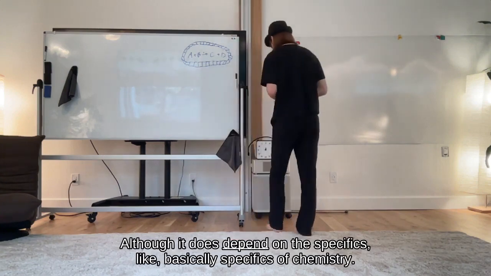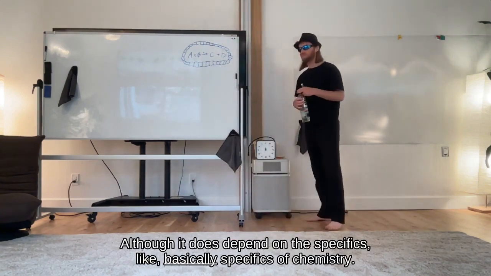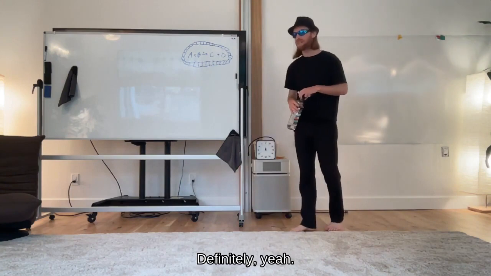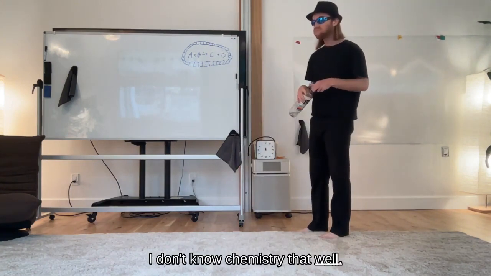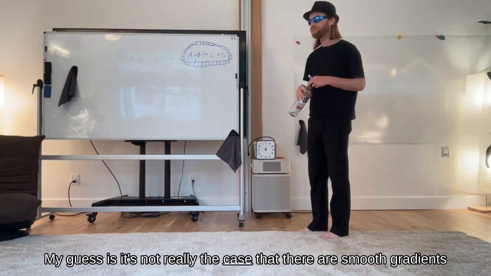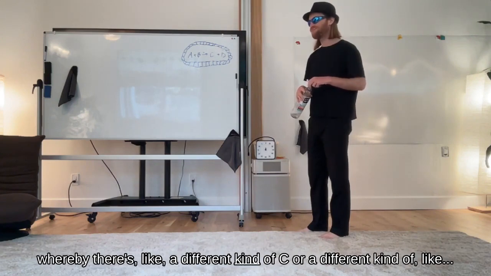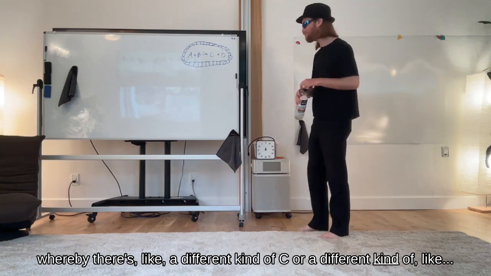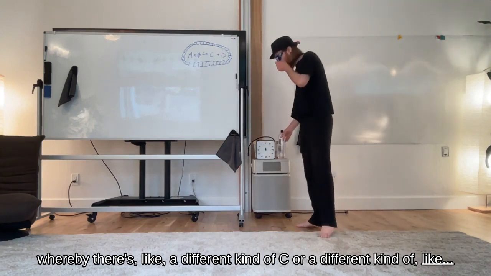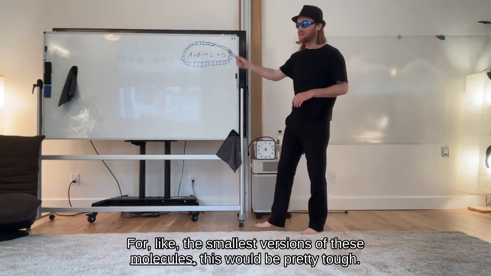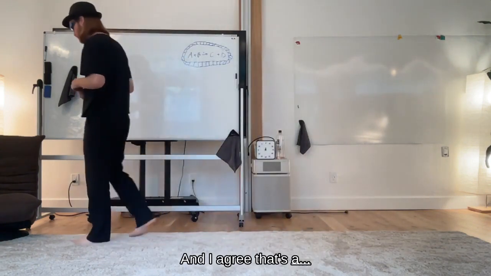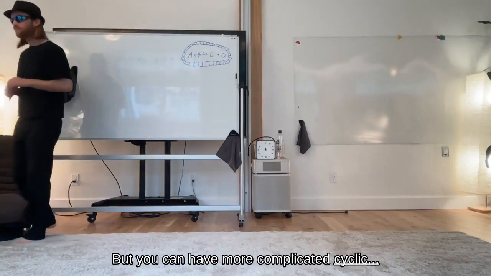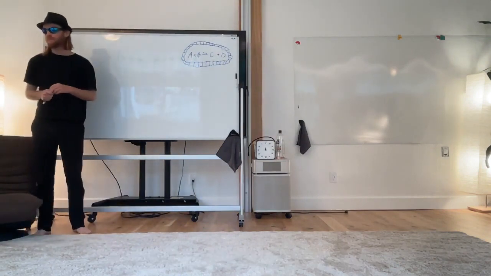Although it does depend on the specifics of chemistry. I don't know chemistry that well. My guess is it's not really the case that there are smooth gradients whereby there's a different kind of C. For the smallest versions of these molecules, this would be pretty tough. But you can have more complicated cycles.